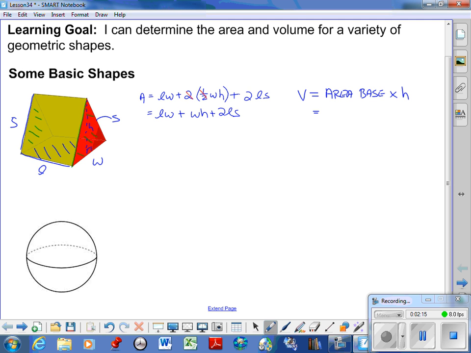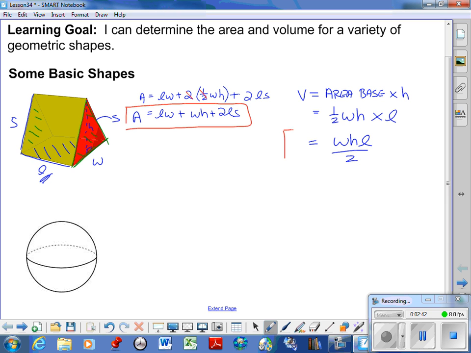This is what we call the base, and that's the uniform shape all the way up. So if we can find that area, which we know to be 1/2 WH, and we multiply it by how deep the shape goes, that's our L value, we end up with WHL over 2, or 1/2 WHL. So those are the two formulas for that shape that you will need.